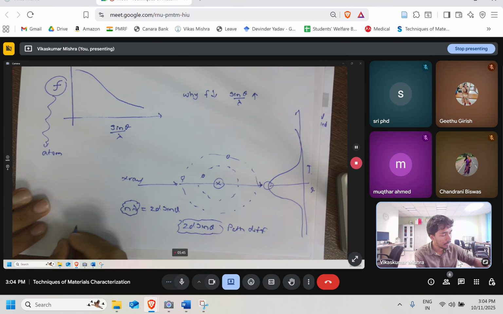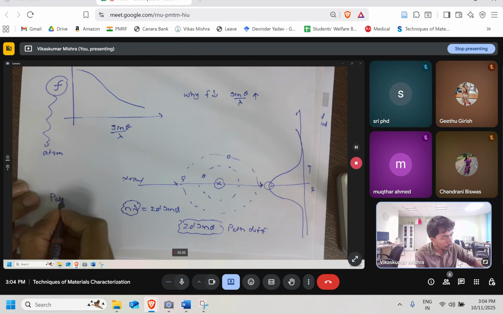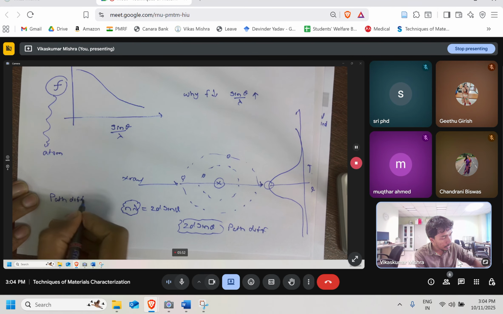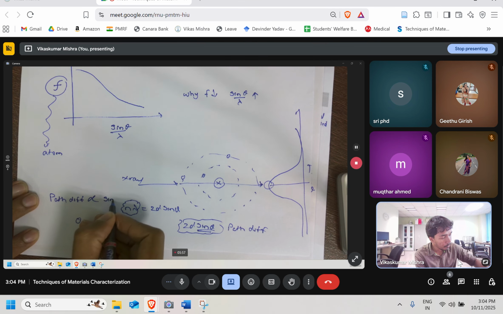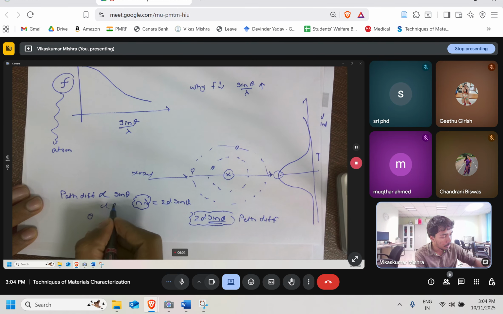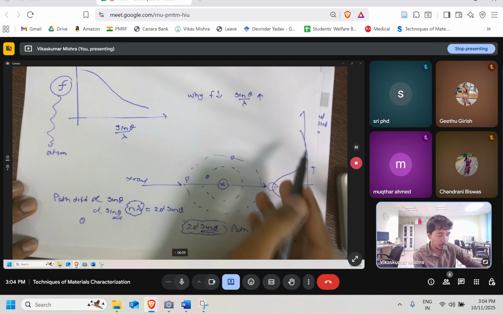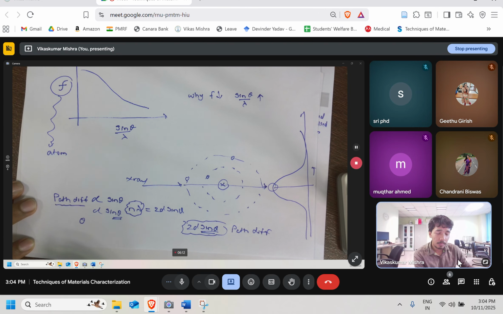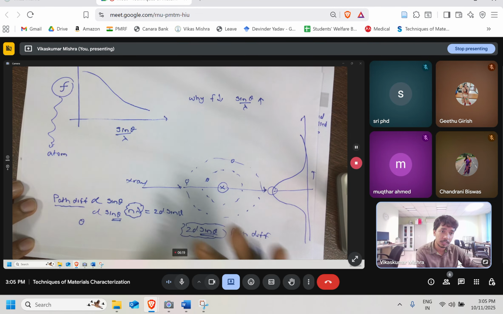As we increase theta, the path difference is proportional to sine theta, and in other words to theta. The more theta, the more we move away from forward scattering, and the path difference keeps increasing. With more path difference, there is a chance it goes toward destructive interference.